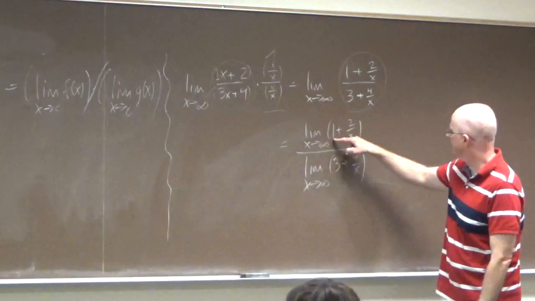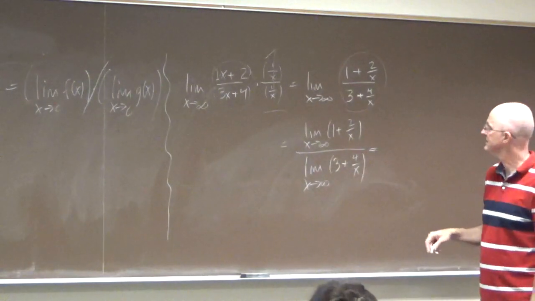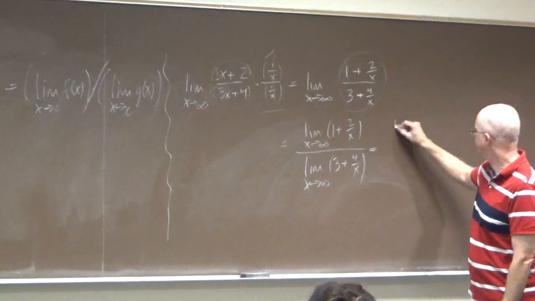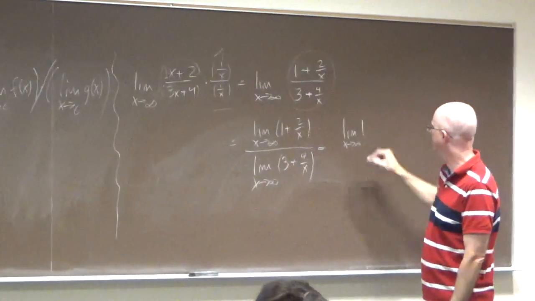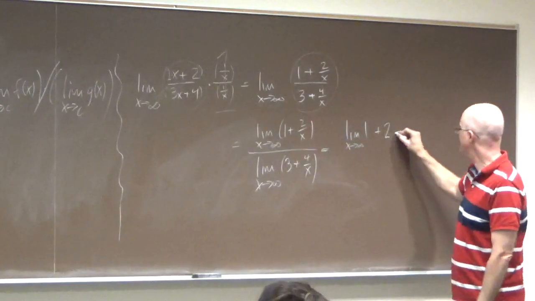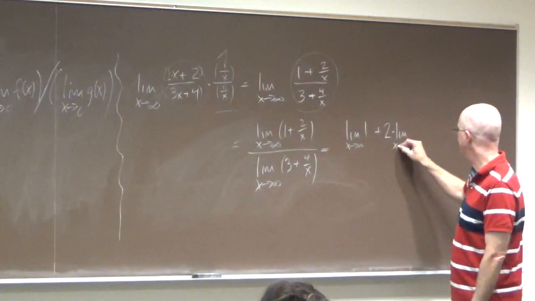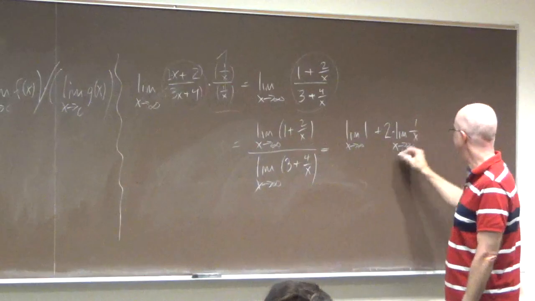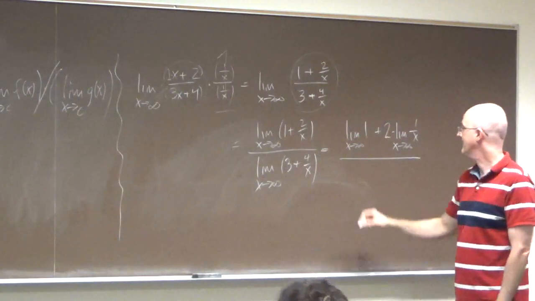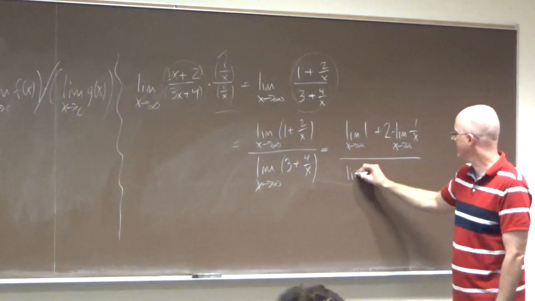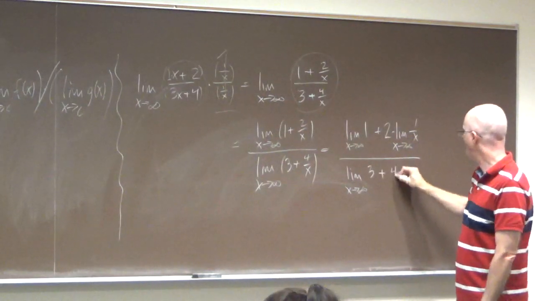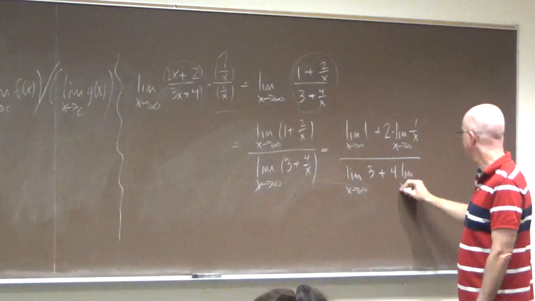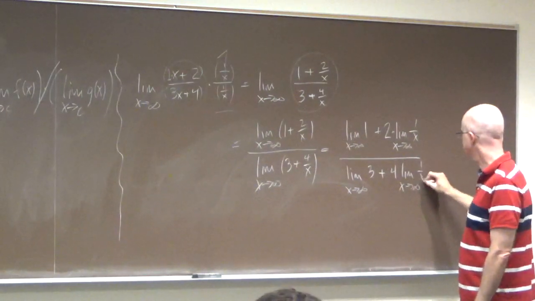And now I have the limit of a linear combination in both cases. That's the corresponding linear combination of the limits. I can write the top as the limit as x goes to infinity of 1 plus 2 times the limit as x goes to infinity of 1 over x. And on the bottom, I've got a linear combination as well. I can write that as the limit as x goes to infinity of 3 plus 4 times the limit as x goes to infinity of 1 over x.